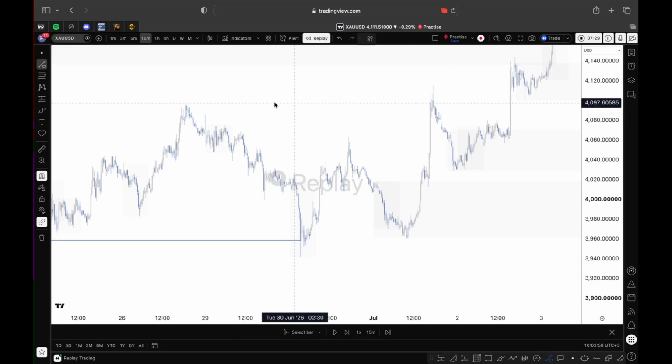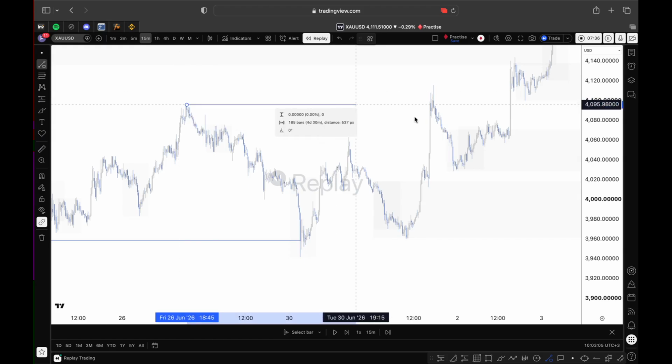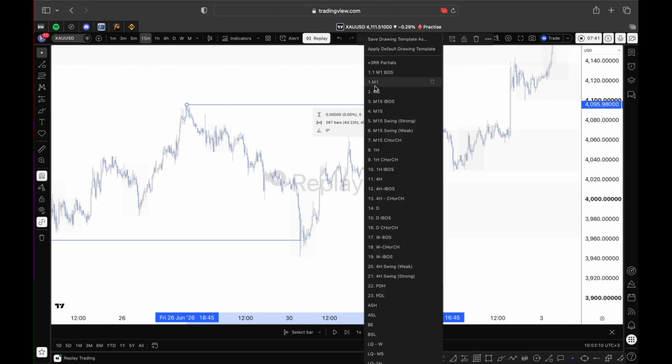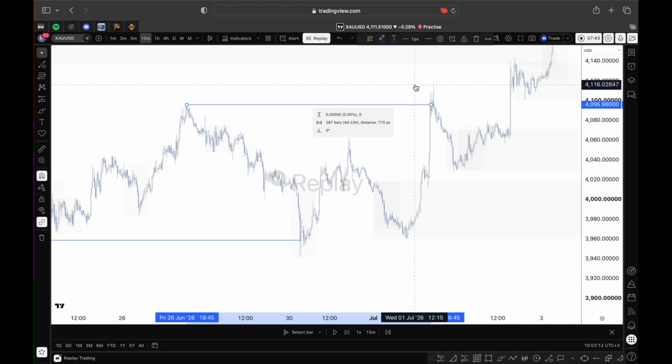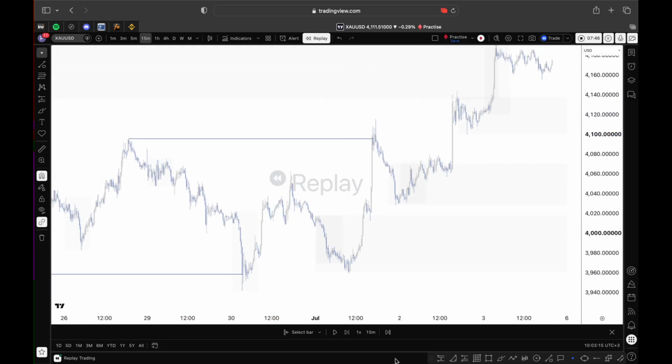And then next, this was my swing strong high. It failed to hold, and we had that break and closure above it. Being very aggressive, we might continue mapping these as swing break of structure, but for me, nothing very sizable there compared to this last swing break of structure.